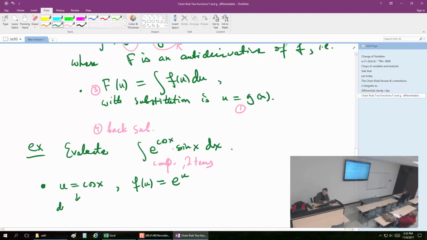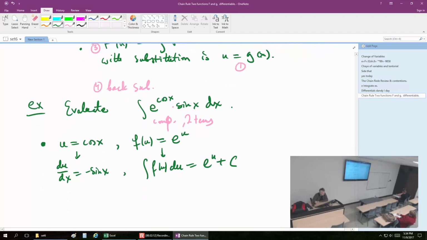So we have du/dx, that's easy. It's negative sine x. And let's plan ahead: let's integrate this. The integral of f(u) du is e to the u plus C. We might never need the second one if it doesn't work out, but maybe we will. The point is that we are ready to differentiate one function and integrate the other, so we do it just in case.